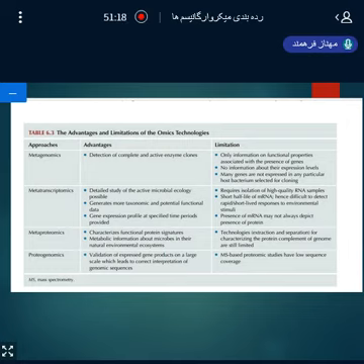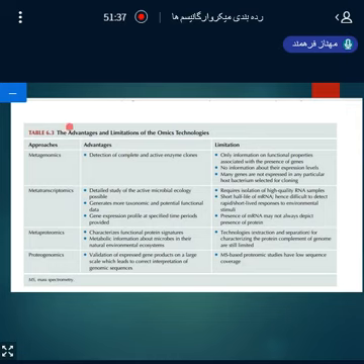For example, enumerate the advantages and limitations of meta-transcriptomics.